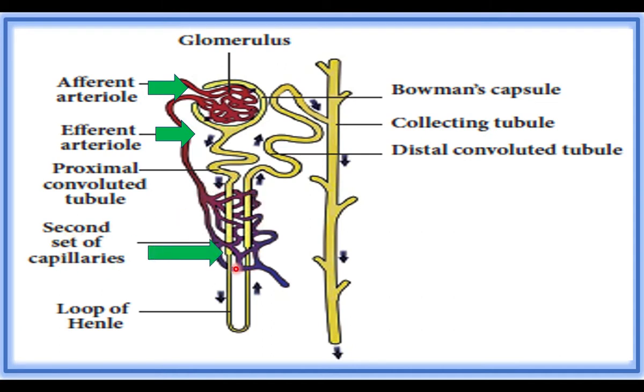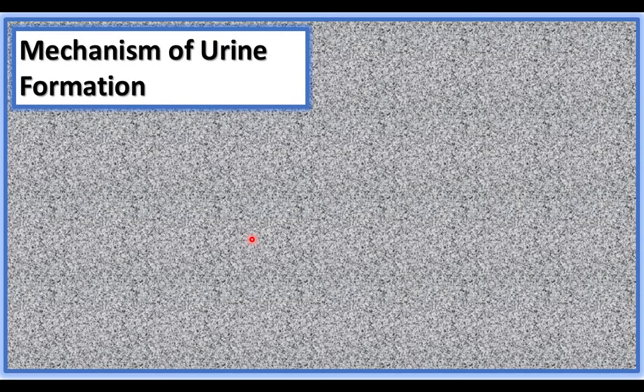These are second set of capillaries. The second set of capillaries cover the entire nephron. Here it is shown in a particular part alone. The capillaries cover the entire nephron. So now we have completed the structure of nephron and blood vessels found around the nephron.